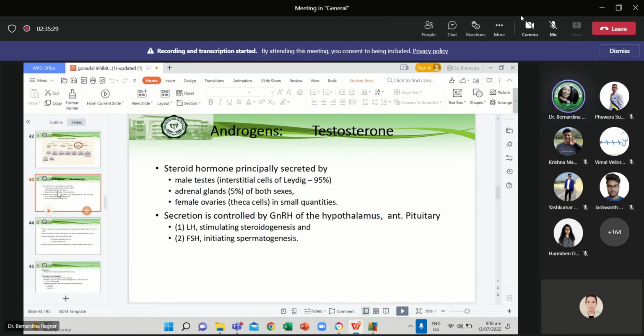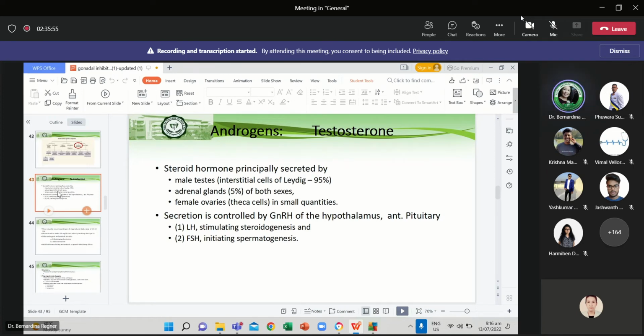Then 5% in the adrenal glands, in the theca cells of the female ovaries, in small quantities. Okay, there is no male ovary, di ba? So female ovaries. Now, secretion is controlled by growth hormone releasing hormone of the hypothalamus and the anterior pituitary.